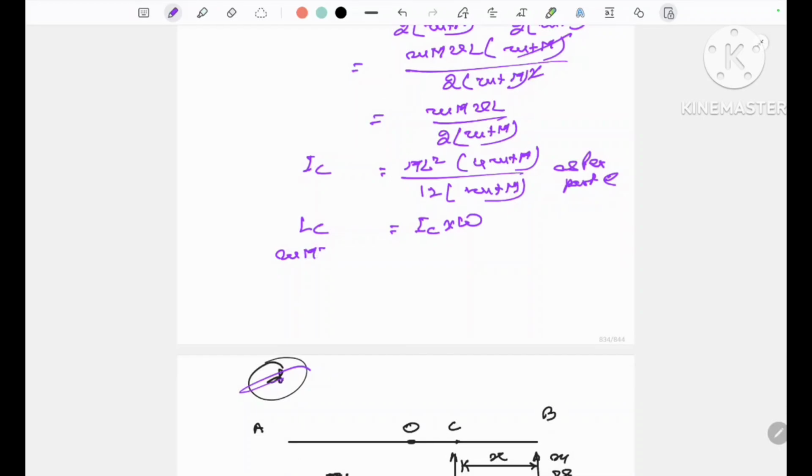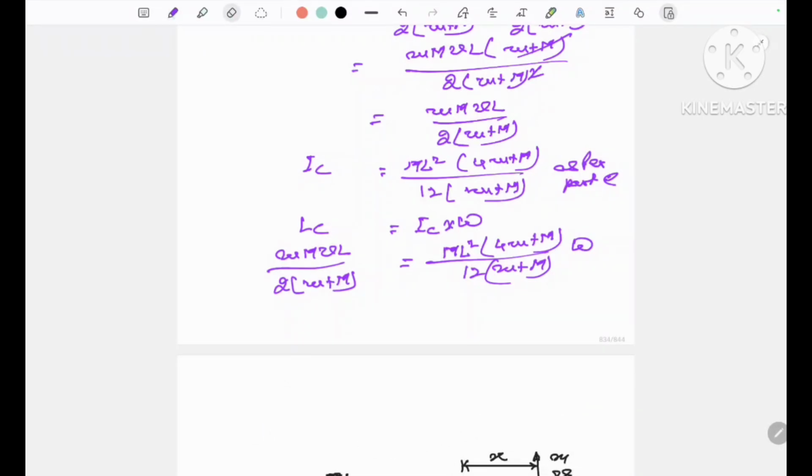LC is m M vl by 2(m plus M), and IC is M l squared (4m plus M) upon 12(m plus M), times omega. So omega is 6 m v upon L(4m plus M).